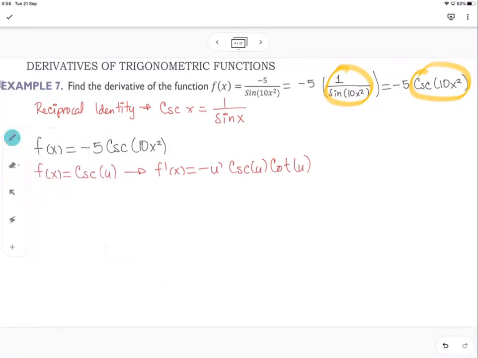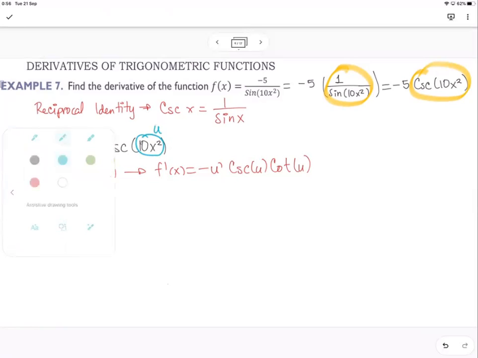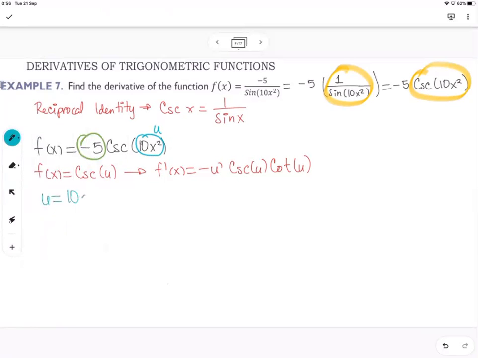Remember that u in trigonometric functions is always the angle. What is going to happen with this constant? Just paste it to the derivative as always. Okay, so u is 10x squared, u prime is 20x.